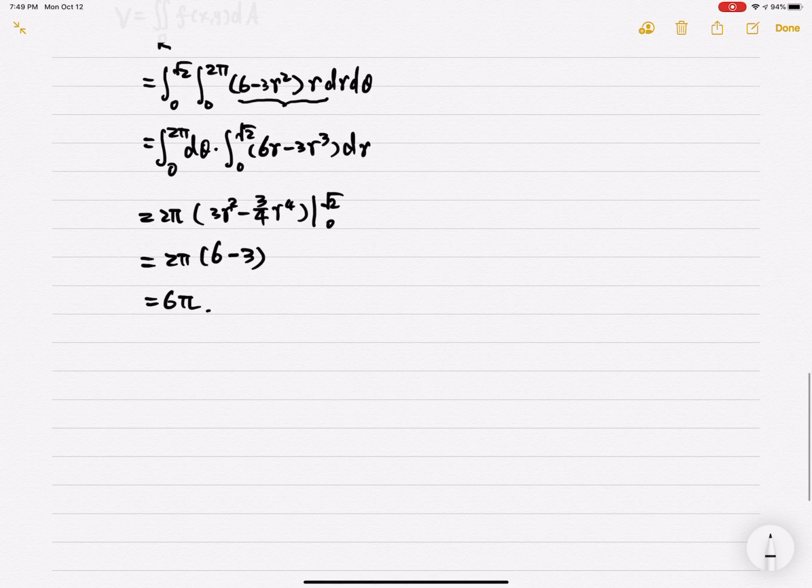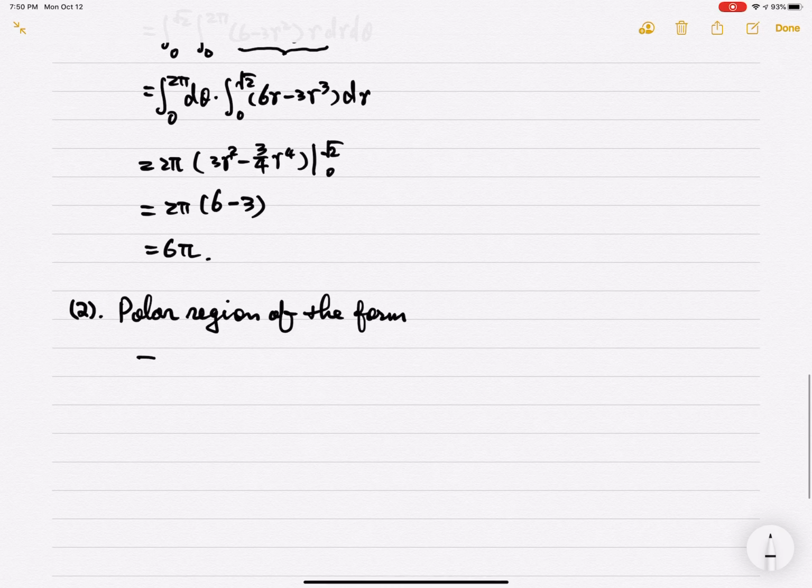Now let's look at the second part. How about we say the polar region is not a rectangle, a polar region of the form, and we use this type of region.